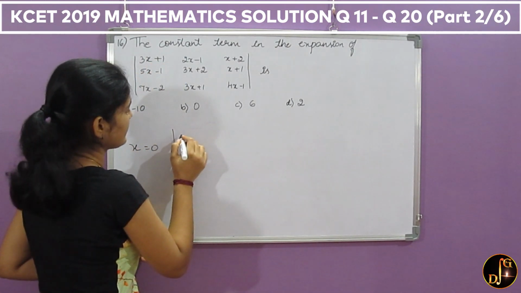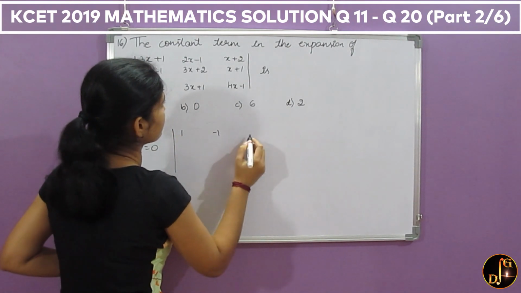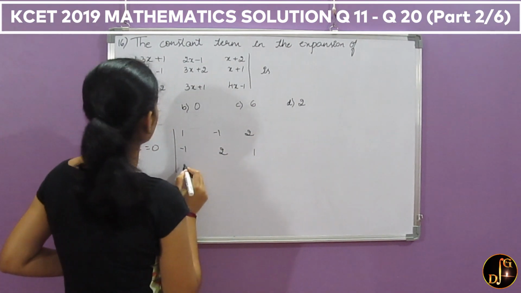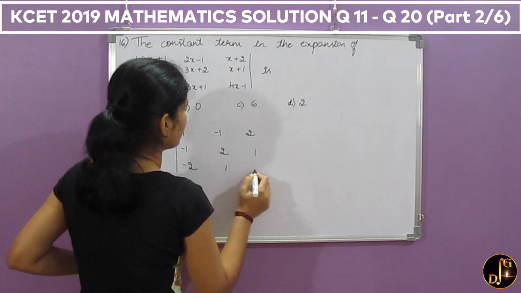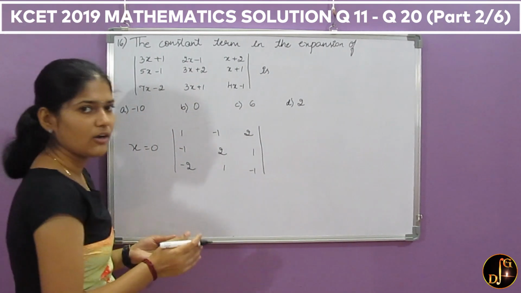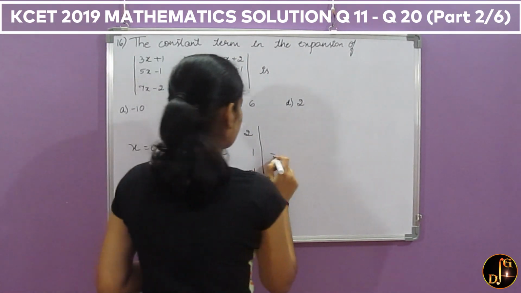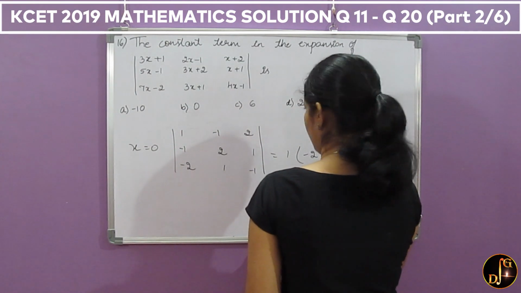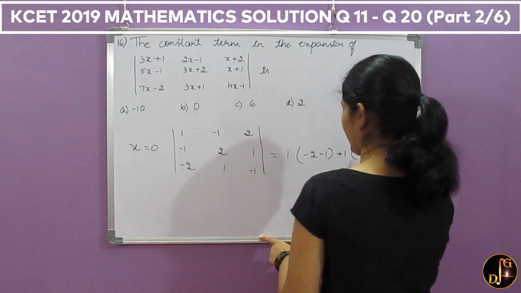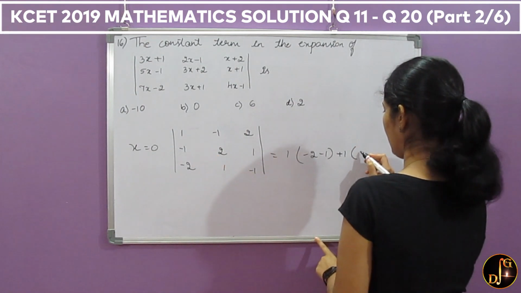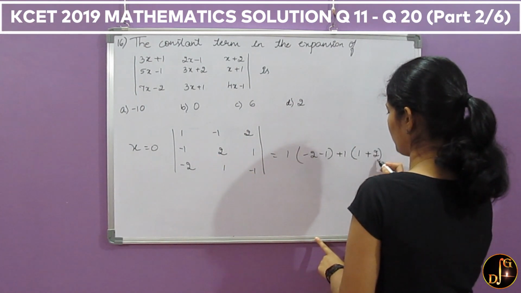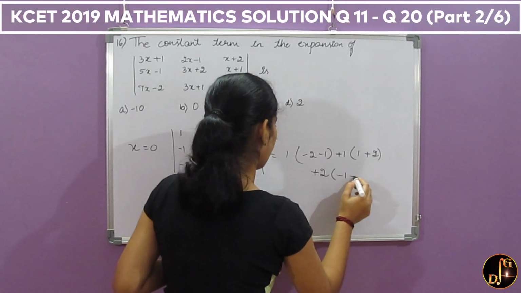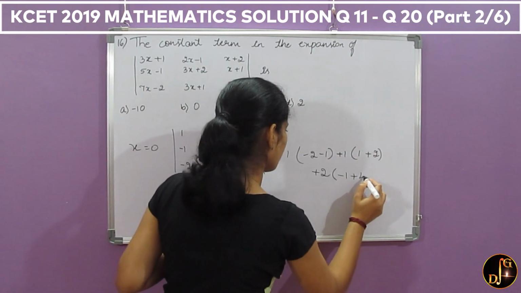Then the determinant will be 1, minus 1, 2, minus 1, 2, 1, minus 2, 1 and minus 1. Now let's find the determinant of this. That is nothing but 1 into minus 2 minus 1 minus of minus 1 plus 1 into 1 plus 2 plus 2 into minus 1 minus into minus plus 4.